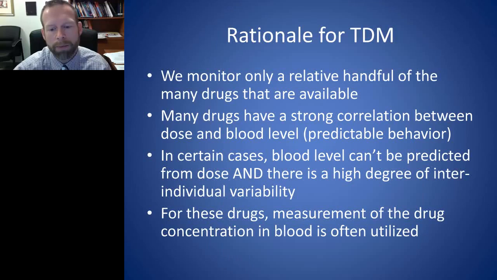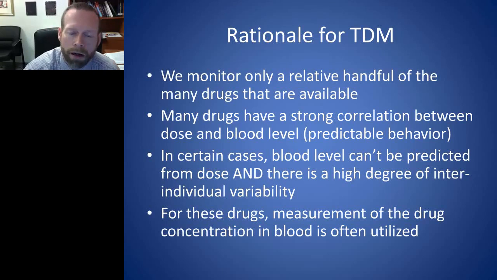So in thinking about therapeutic monitoring, we want to start broadly with therapeutic monitoring in general, and then we'll focus it in on cancer chemotherapy. And we want to think about, why do we do therapeutic drug monitoring in the first place? Because we really only monitor a handful of these drugs. Most of the drugs have a strong correlation between the dose and blood levels, so it's predictive.